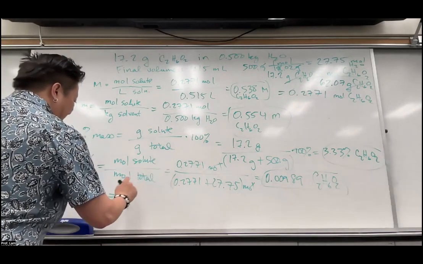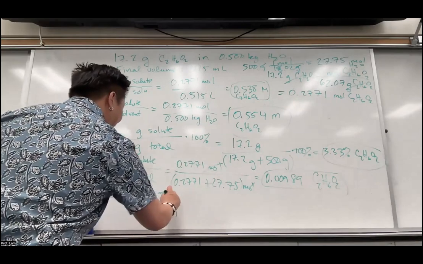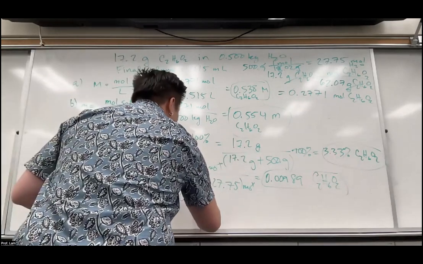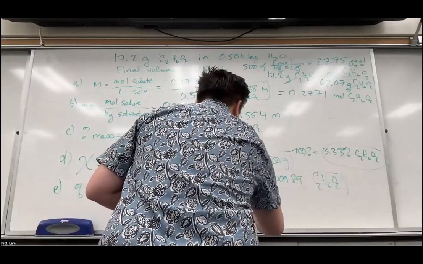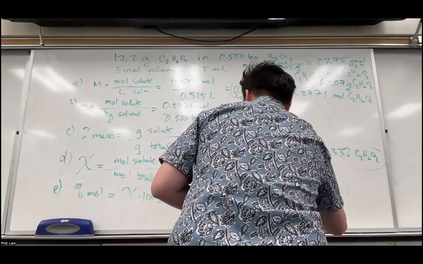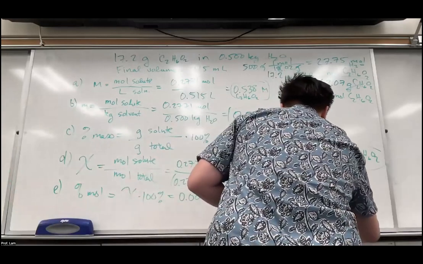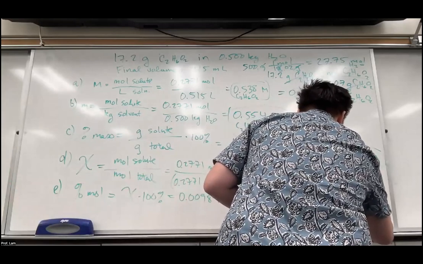So then we take the mole fraction times 100%. So this number, 0.00989 times 100% is 0.989% mole C2H6O2.